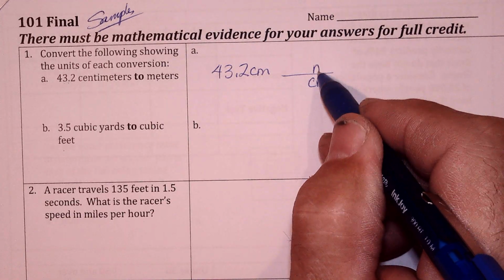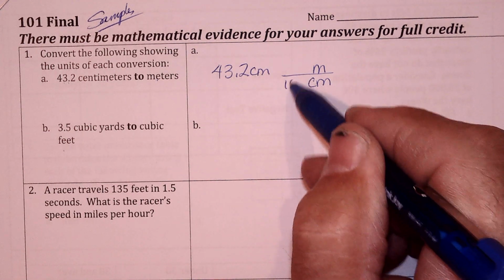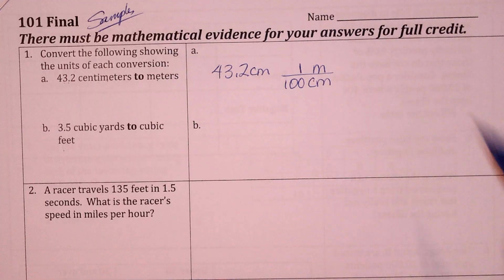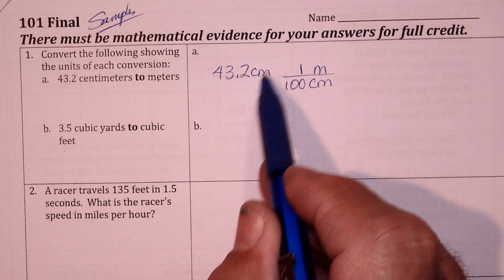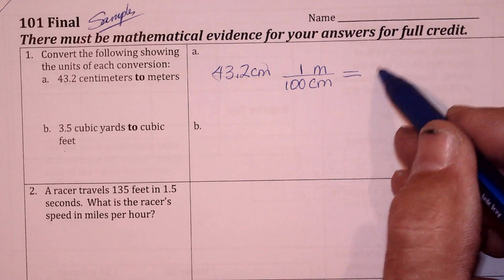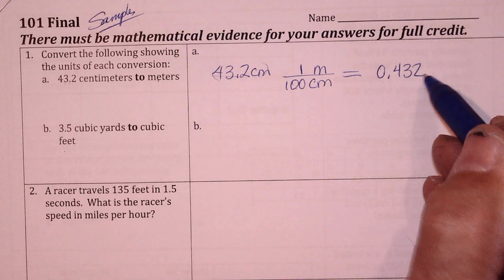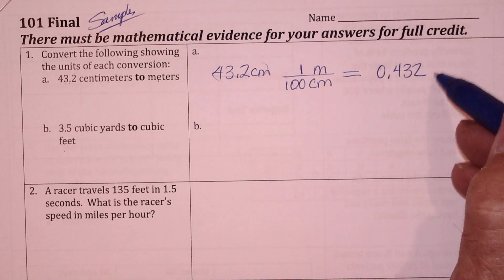And I want meters. So I look at my formula page and it says 100 centimeters make 1 meter. So I need to take this times 1 divided by 100, and that's going to be 0.432, if I do it on a calculator, meters.